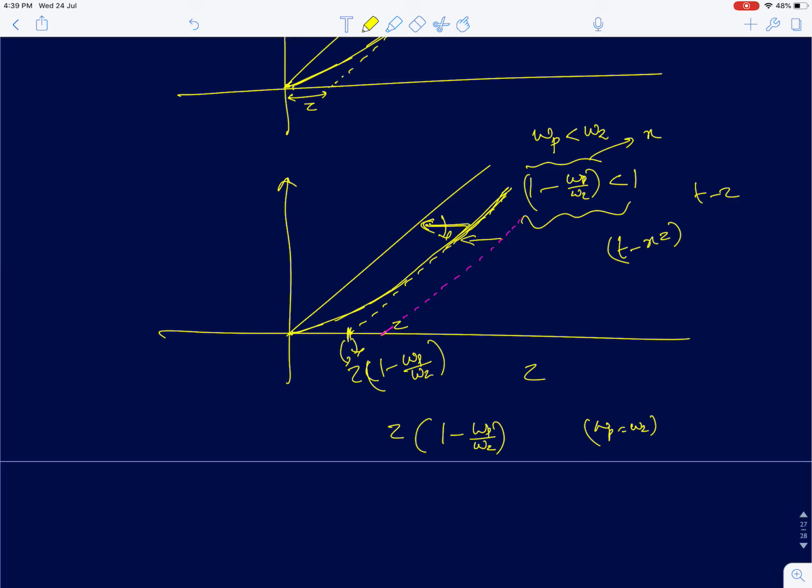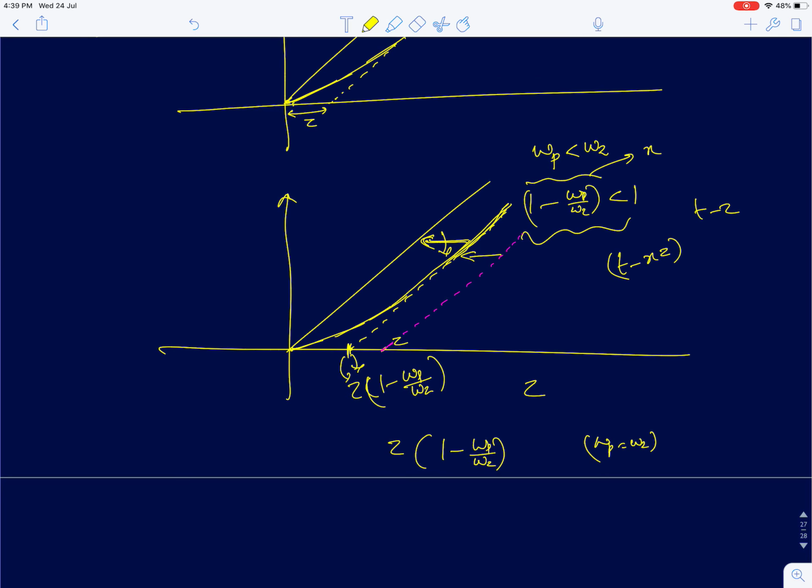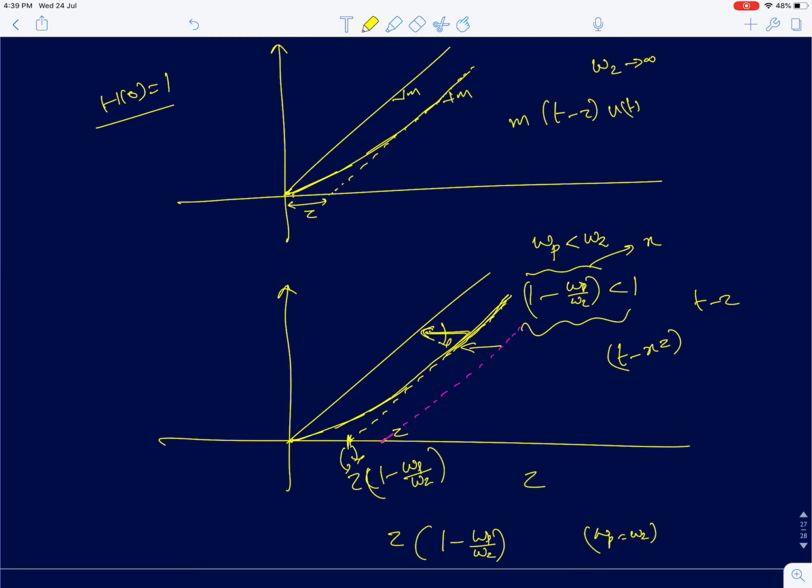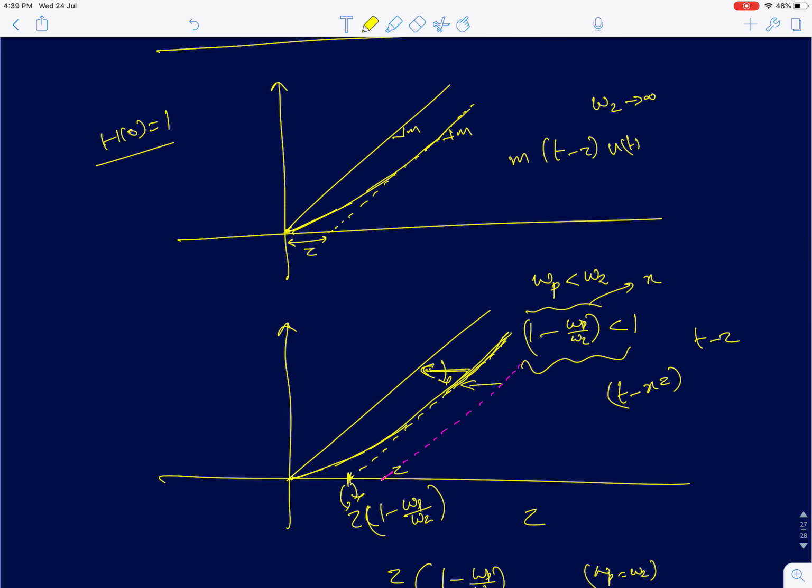In fact, that is simply a case of pole zero cancellation, so there is no delay in the system at all. But for any finite omega z, it's going to reduce the delay. It's going to behave as though the system has been speeded up, faster than a single pole system with no zeros. By adding the 0, we are enhancing the speed of the response, or the delay is reduced. You can see it that way.